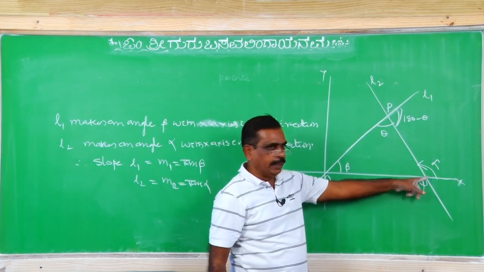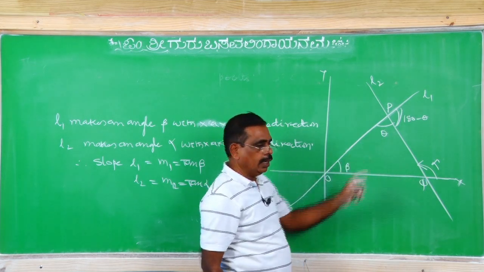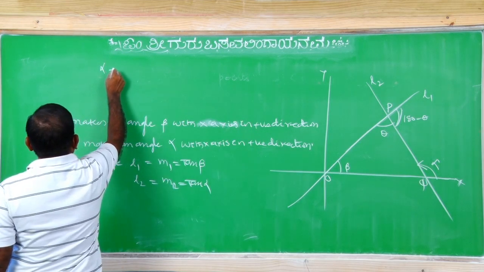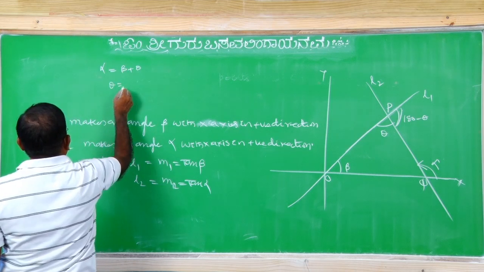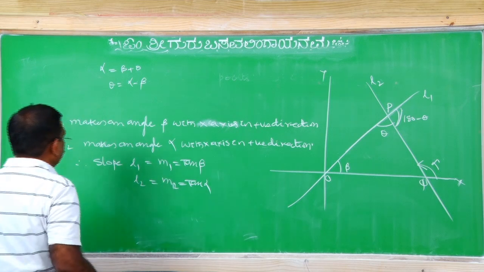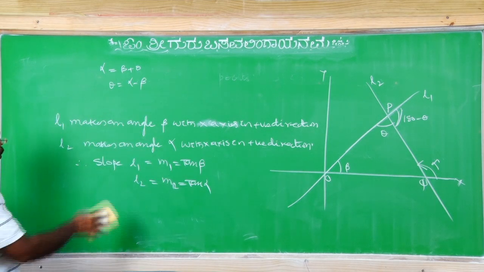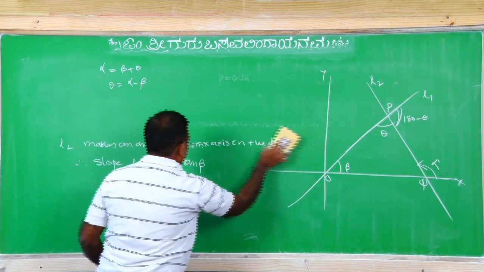Exterior angle is how much? Alpha. Here, beta. Here, theta. Alpha is equal to beta plus theta. Theta is equal to alpha minus beta. Theta is the angle between the two lines.